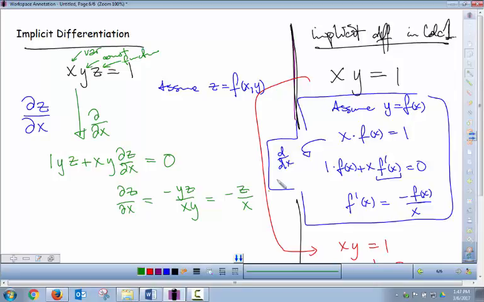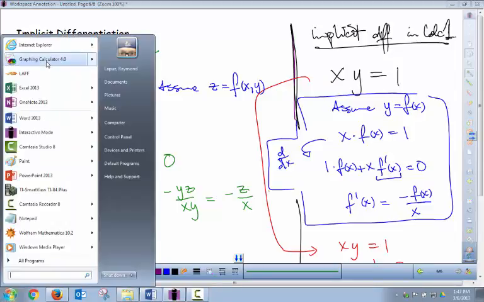Do you know why we do implicit differentiation? So let's see if we could take this example, x times y is equal to 1, in 2 dimensions first.